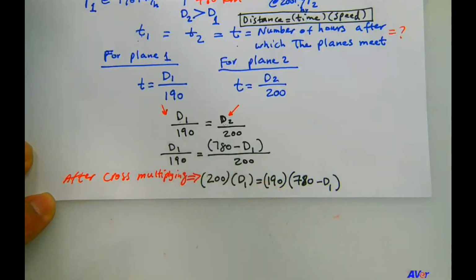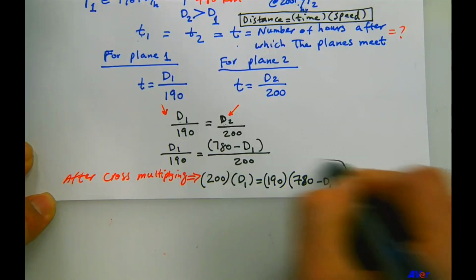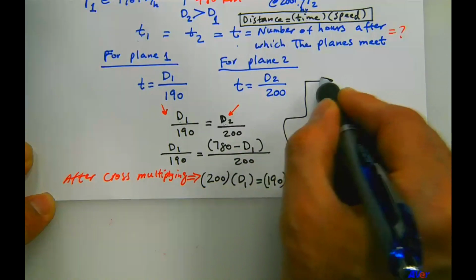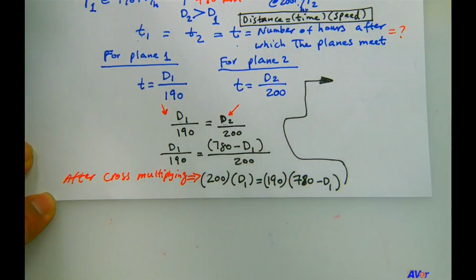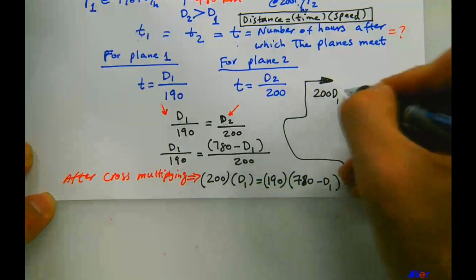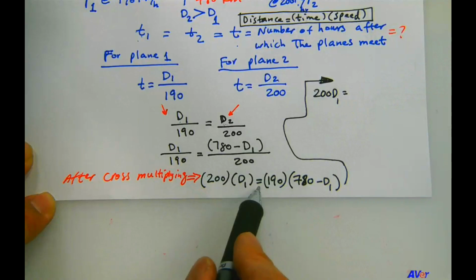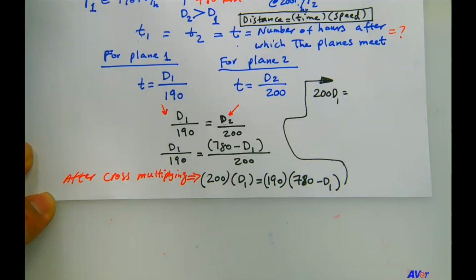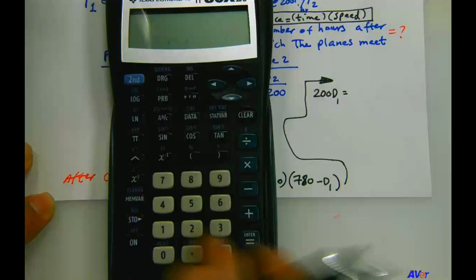Right? Cross multiplying, that's another way of getting rid of the fractions. So let me move up here and continue the solution here. So 200 D1 is itself, 200 D1. On the other side, we have 190 times 780. Let's figure out what that is.